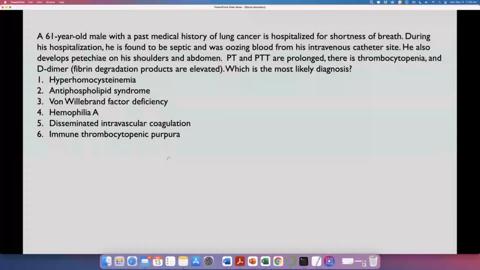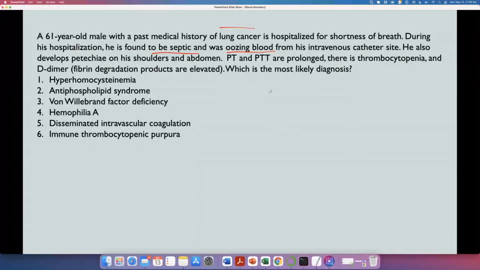Then we have a guy. We had three women, now we have a guy here, 61-year-old, history of lung cancer, was hospitalized due to shortness of breath. During the hospitalization, he developed a sepsis, was oozing from the IV catheter.